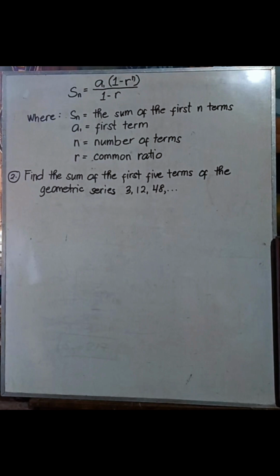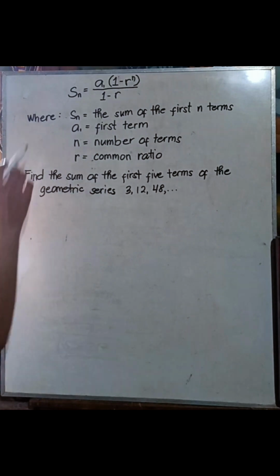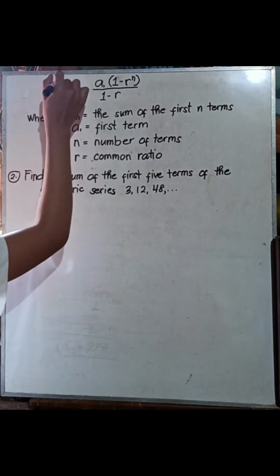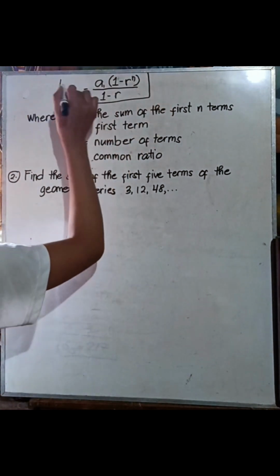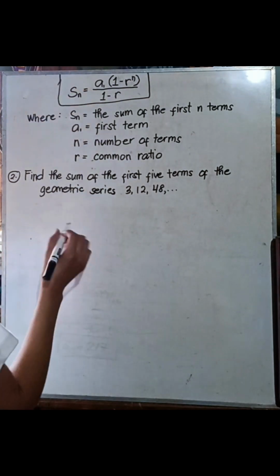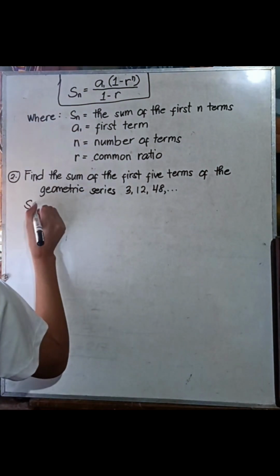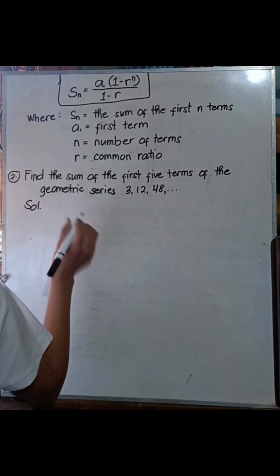So, example number 2. Find the sum of the first 5 terms of the geometric series 3, 12, and 48. So, using the same formula, this one. So, let's try this.